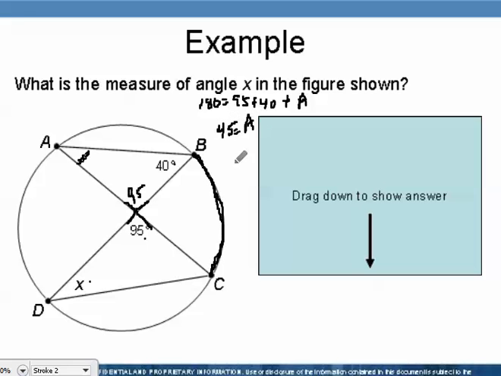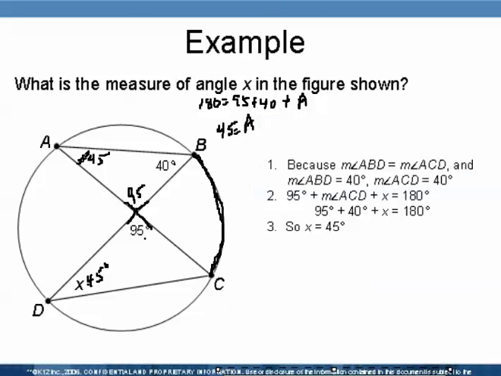That is equal to angle A. That means that X down here must be 45 degrees as well. You guys see how I got that? Okay? I'll just move that out of the way and show you that I got the right answer. Cool?